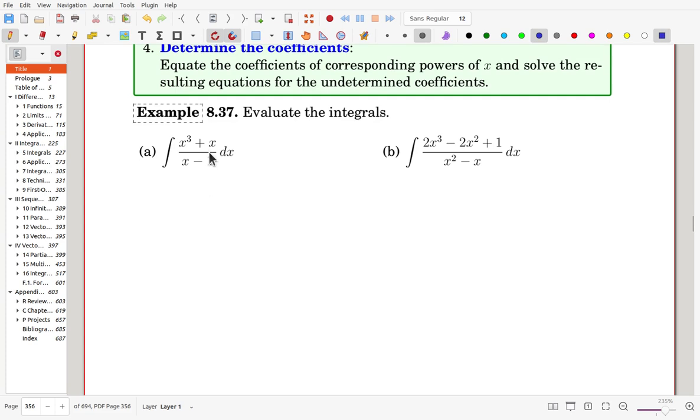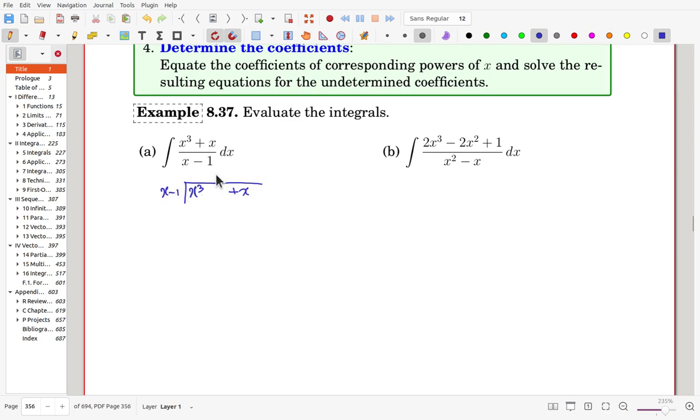Now this is not proper, so you have to start with the division. Let's try to divide them. Here, x cubed plus x, divided by x minus 1.